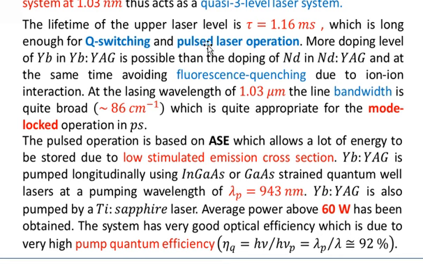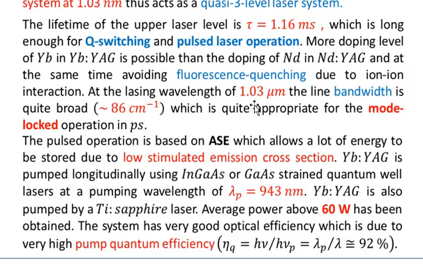The lifetime of the upper laser level is tau equal to 1.16 millisecond, which is long enough for Q switching and pulsed laser operation. More doping level of ytterbium in Yb:YAG is possible than the doping of the Nd in Nd:YVO4, and at the same time avoiding fluorescence quenching due to ion-ion interaction.